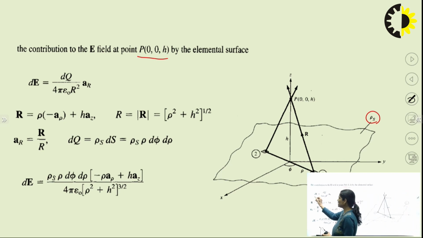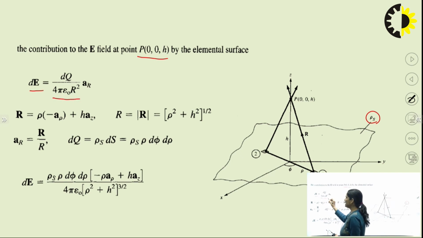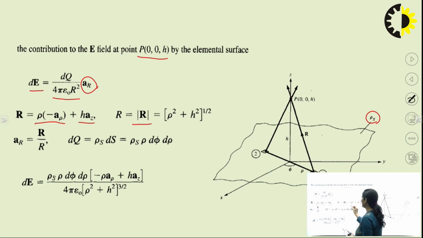The differential electric field due to this surface charge is equal to dq upon 4 pi epsilon naught R square, unit vector of R. First find R with the help of this figure: R is equal to minus rho unit vector of rho plus h a z. Find this distance R with the help of this point and this point. The magnitude of R is equal to the square root of rho square plus h square.